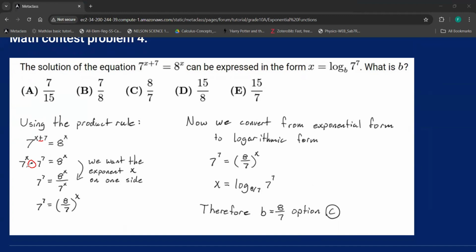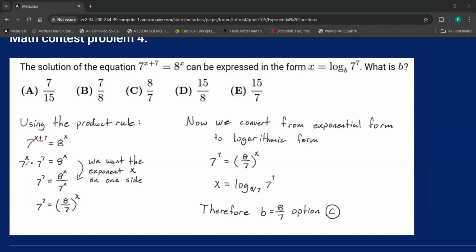And then since you have one variable, right? You have this variable here, and you have a number here, and you have another variable here on the other side of the equal sign. So you want to move all of the terms with the variable onto one side.